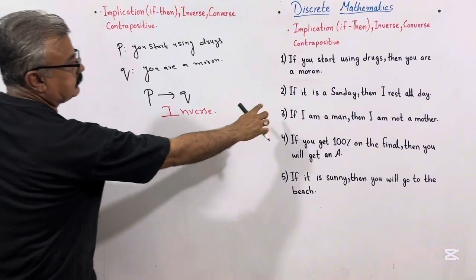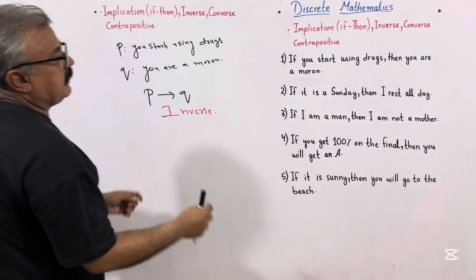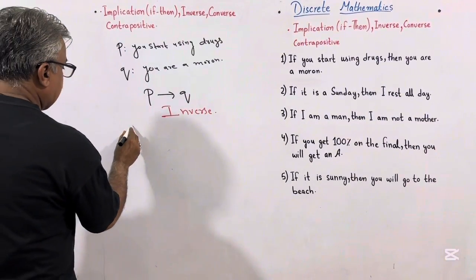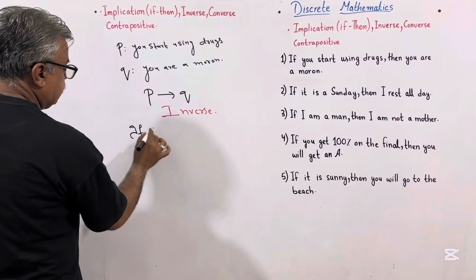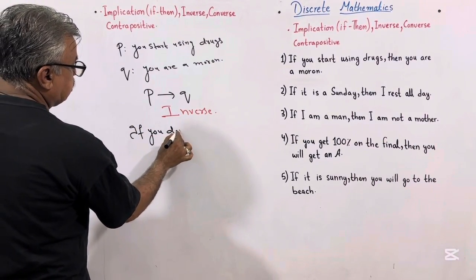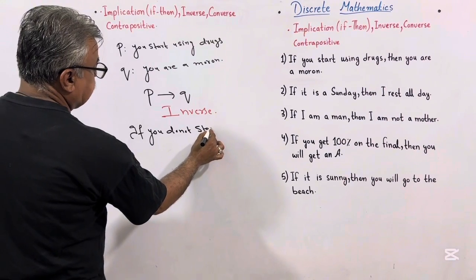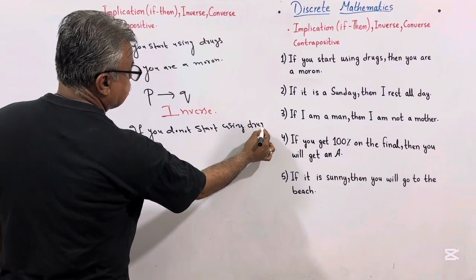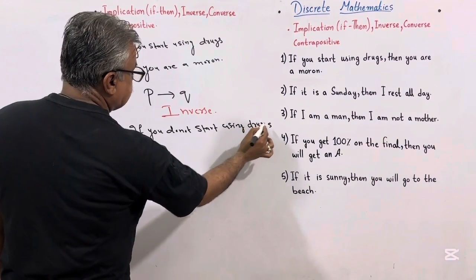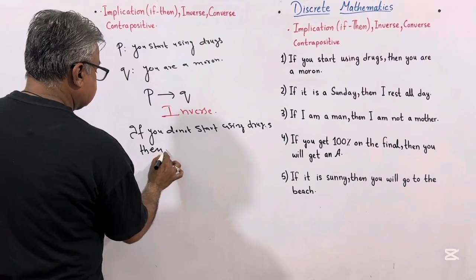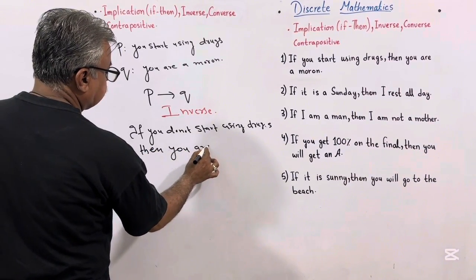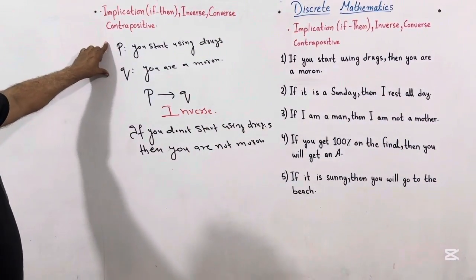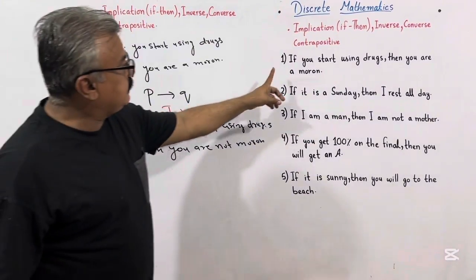This conditional sentence can be converted, according to the inverse, to: if you do not start using drugs, then you are not a moron. That is the inverse of this proposition.